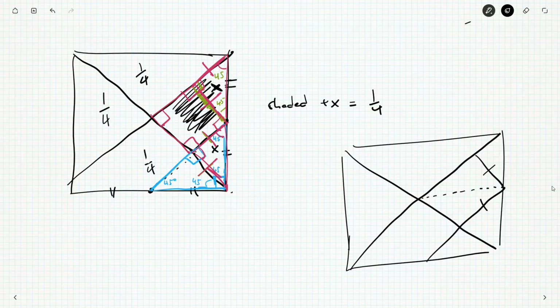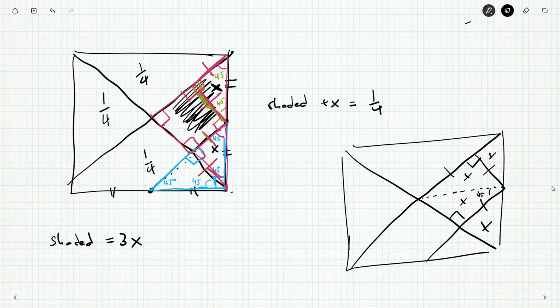If I cut this square in half, we get right angles, and it's a square, so we get 45s. So these are all x's. So the shaded area is just 3 copies of this triangle of area x. So the shaded area has area 3x.